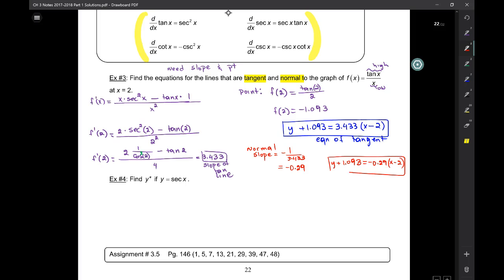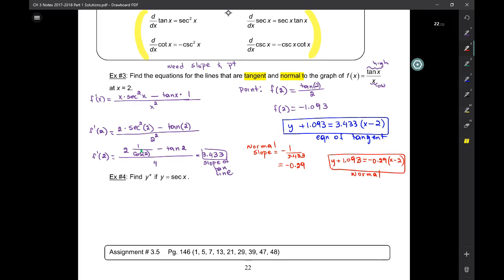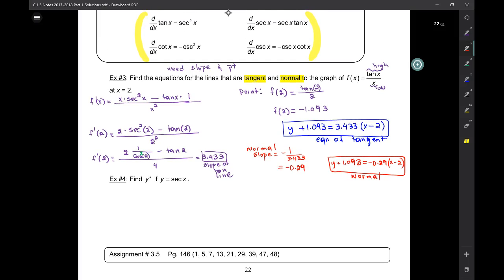That's the equation of the normal line. Yeah, both of these are point slope form. Well, because the point through which it's passing is the same, it's just the red is perpendicular to the blue.